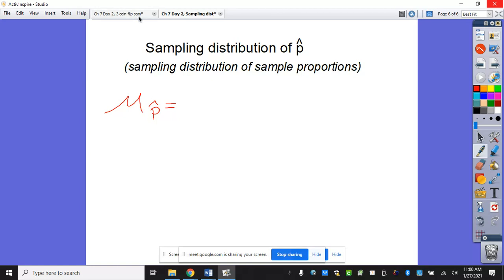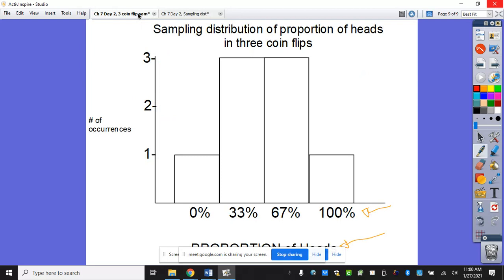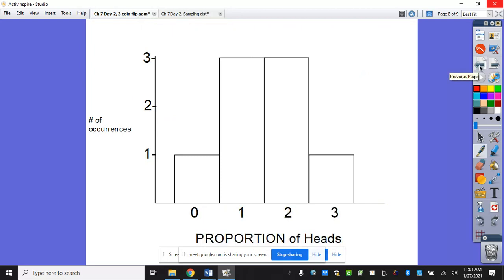In our coin flip example, or in our homework problem with the 3, where's the mean there? Where's the middle? 1.5. Why? Because that's the mean, right? We flip a coin 3 times. Flip it 3 times, probability 0.5. That gives me 1.5.